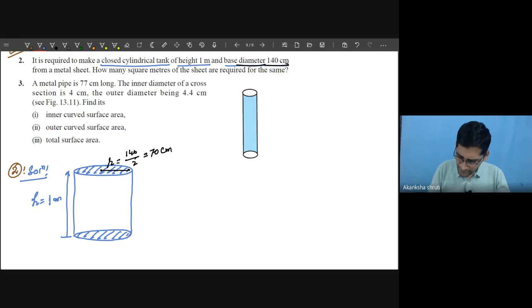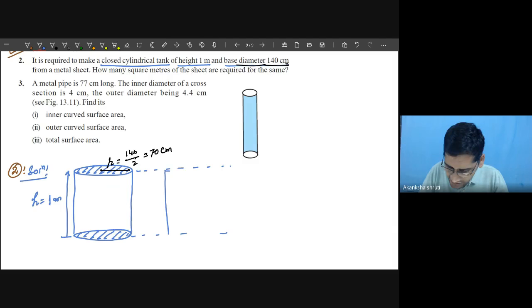So this is to be made from a sheet. Students, how can we make this a closed cylinder? First, if you open the curved surface area, you get a rectangular sheet of the same height.